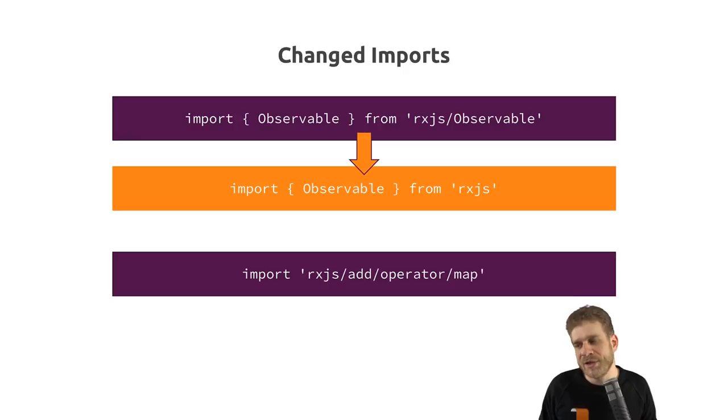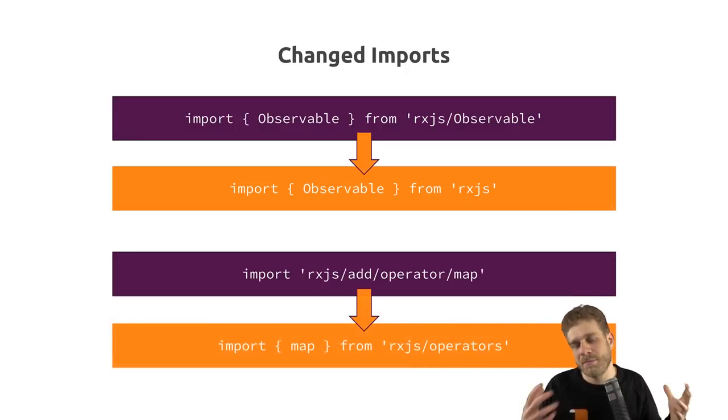Now in the future, you import operators separately with import { map }, for example, from 'rxjs/operators'. So this is very similar to the first update where you import Observable from 'rxjs', you get a second import destination, 'rxjs/operators', and you get your operators from there.